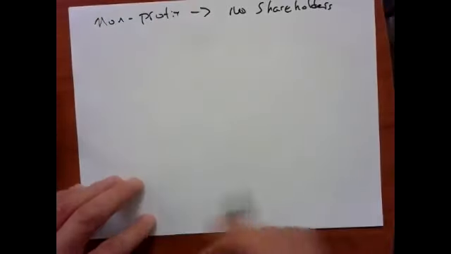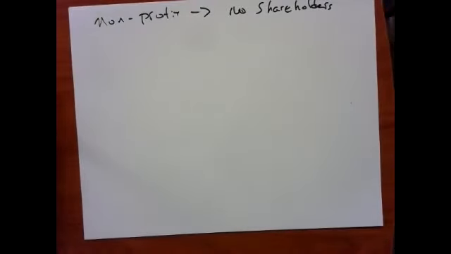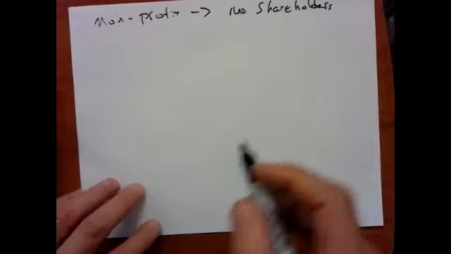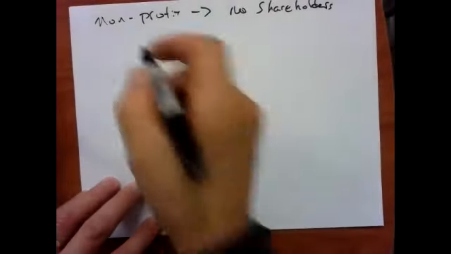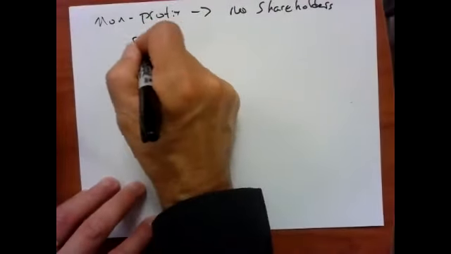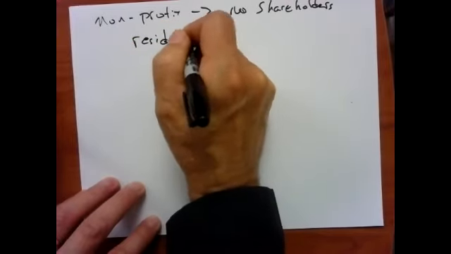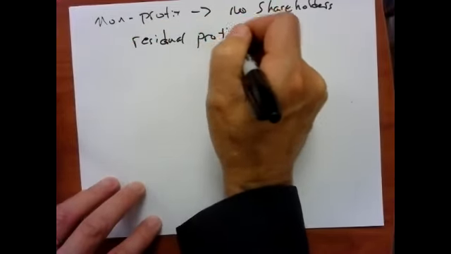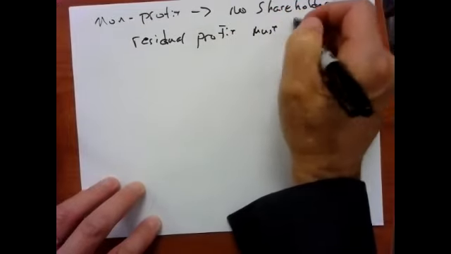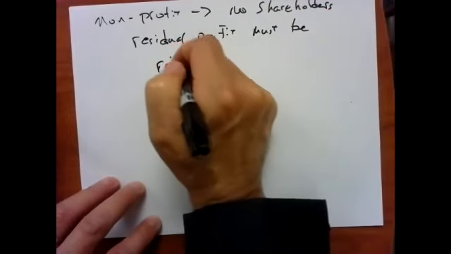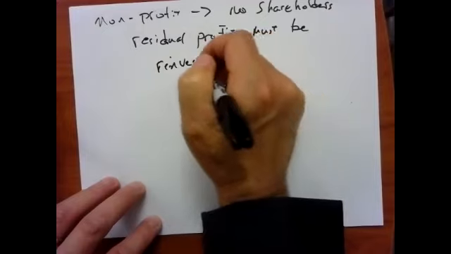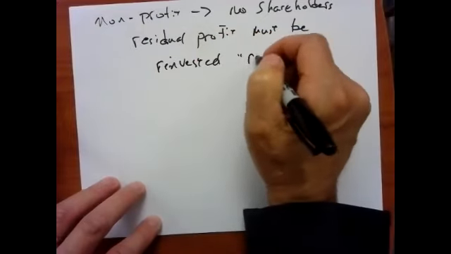And so that's part of it, right? And then the non-distribution constraint requires that any residual profit must be reinvested or retained.